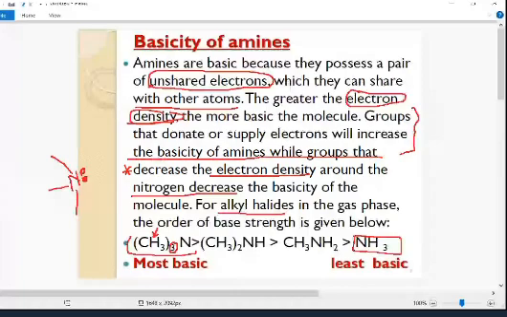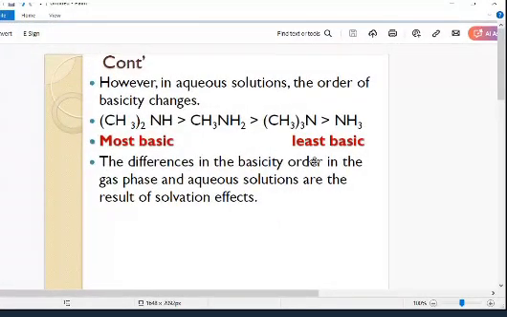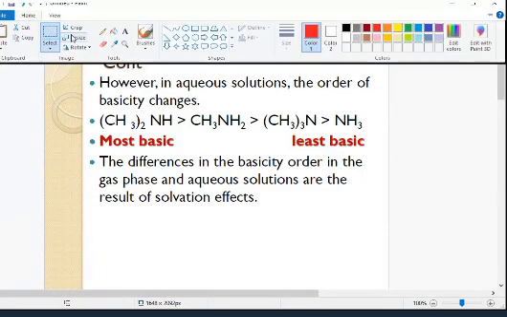Now, when it comes to aqueous solution, let's talk about aqueous solution. Now, what happened is, it's supposed to be the reverse. I think there's a mistake here.